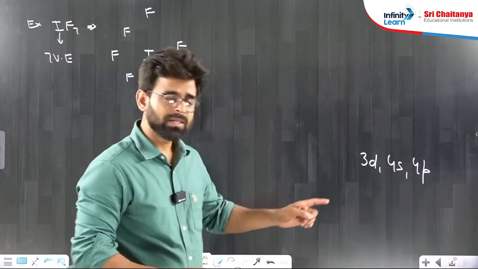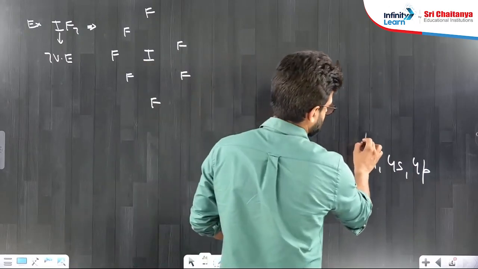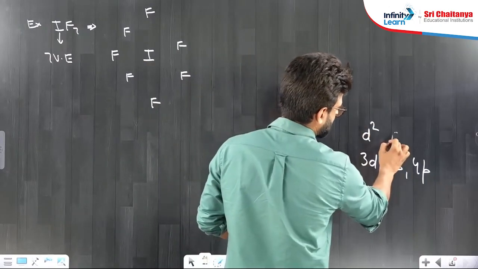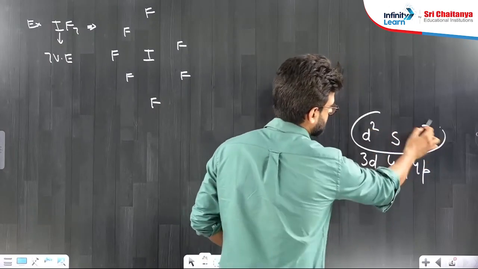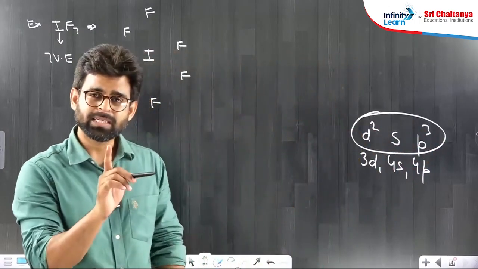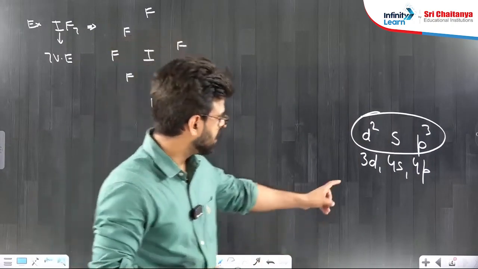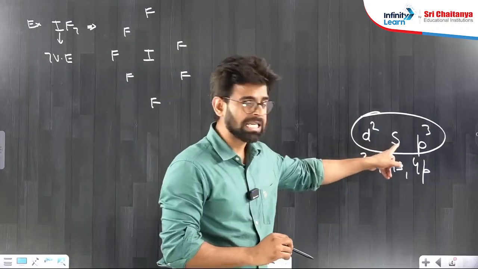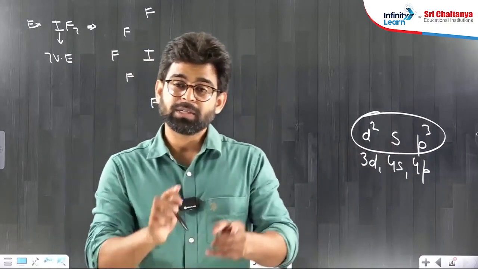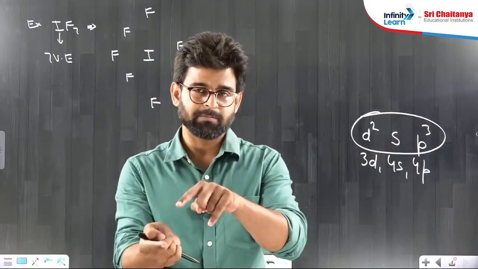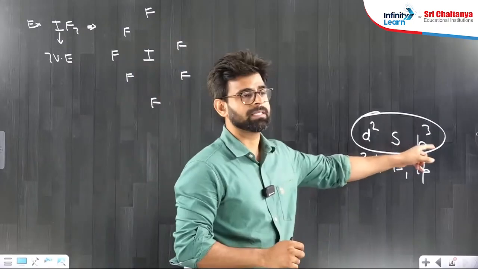So when you use 2 of the d orbitals from here, the s orbital from here and the p orbital from here, it is d2sp3, meaning you are using d orbitals from the inner shells. Like I am using d from my 3rd shell, s from the 4th shell and p from the 4th shell. So d is getting used first, then s, then p. Getting my point? So d2sp3.